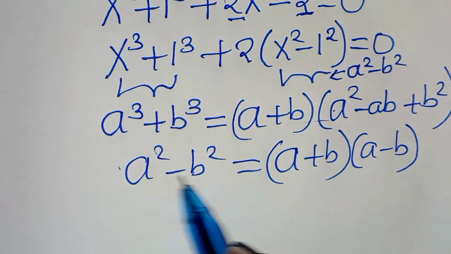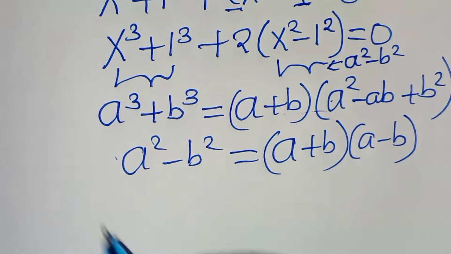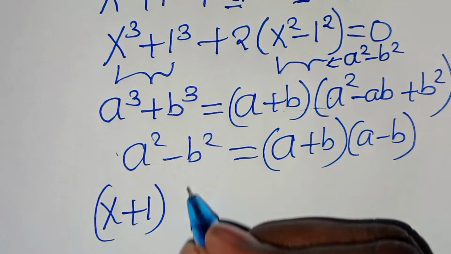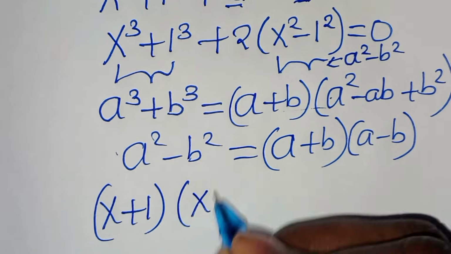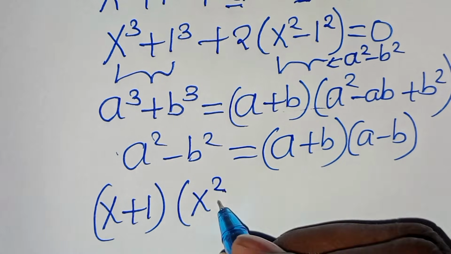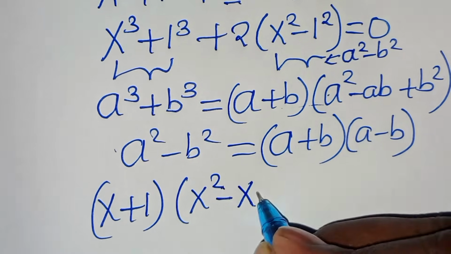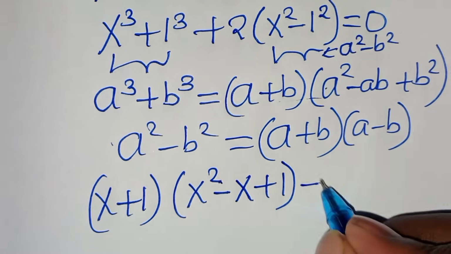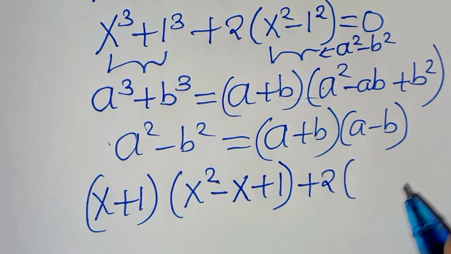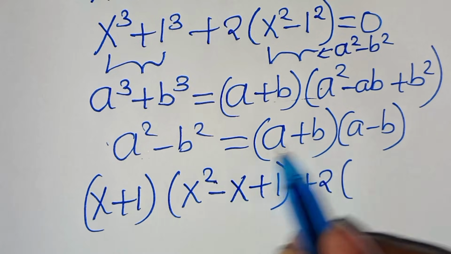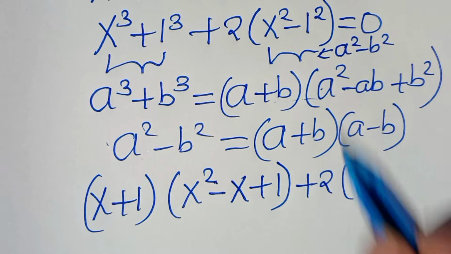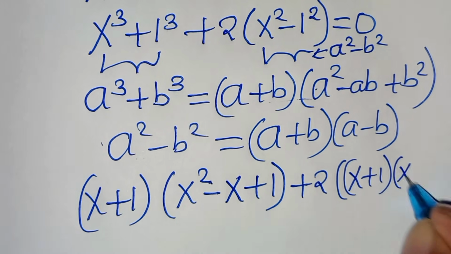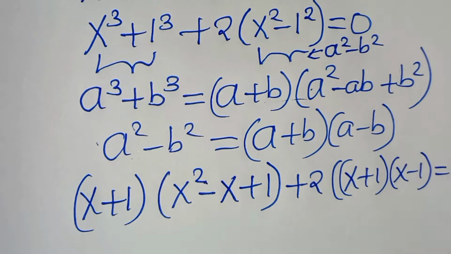Applying these two identities, here we have x plus 1 into the parentheses. This is x squared minus x, then plus 1 squared, which is 1, close the parentheses, then plus 2 into the parentheses. Let's apply this difference of two perfect squares, so that here we have x plus 1 multiplied by x minus 1. This is equal to 0.